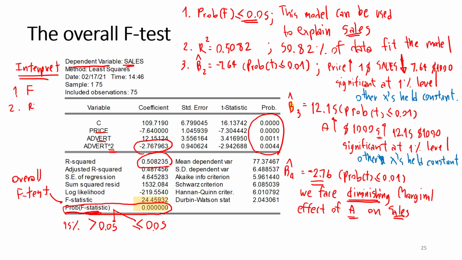Second step, you write down the R squared. Third step, you have to write down each t. To do my exam correctly, when I need you to interpret the result, do those 3 steps properly.